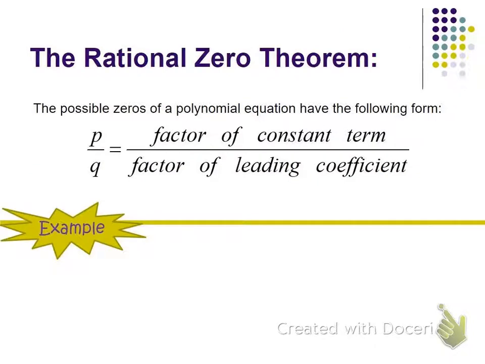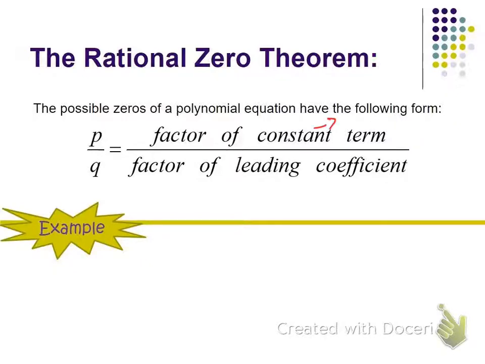Okay? Before we get into graphing, if you happened to not have your graphing calculator, there are ways to find or create a list of possible zeros by using something called the rational zero theorem. To get possible zeros for any polynomial, what you could do is factor down the constant term.